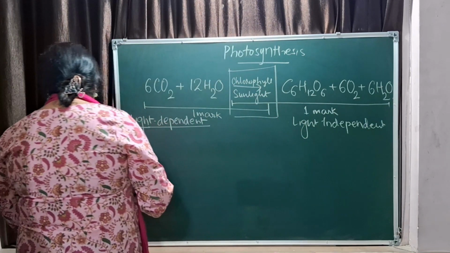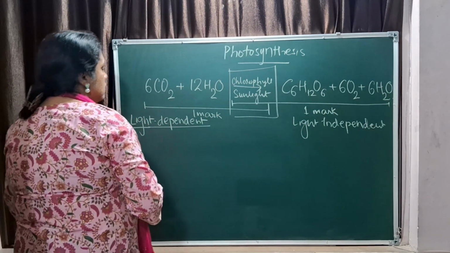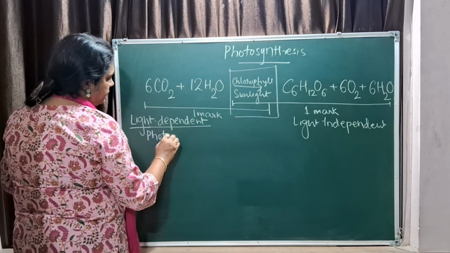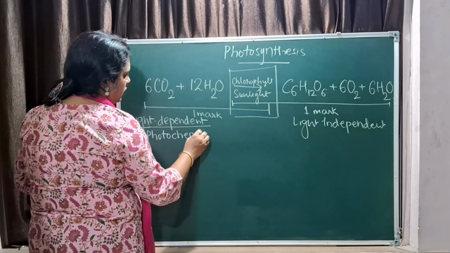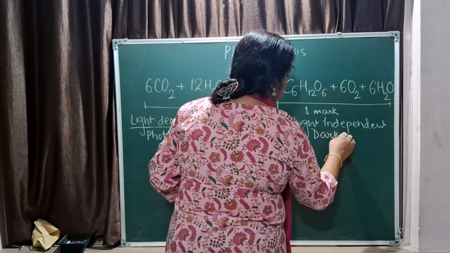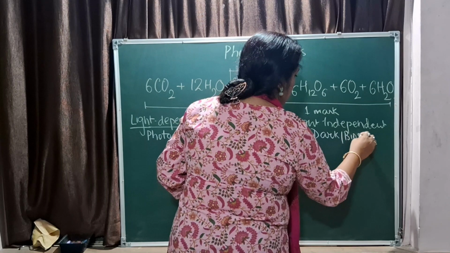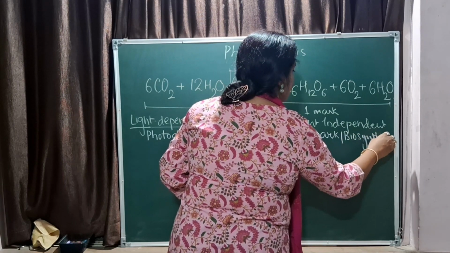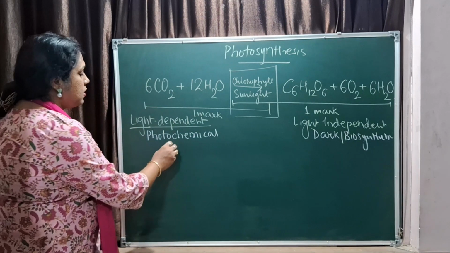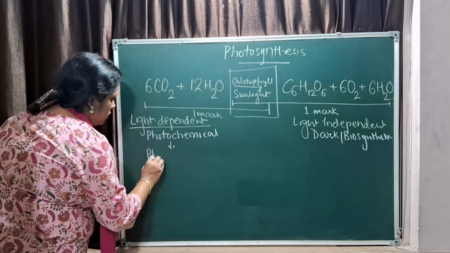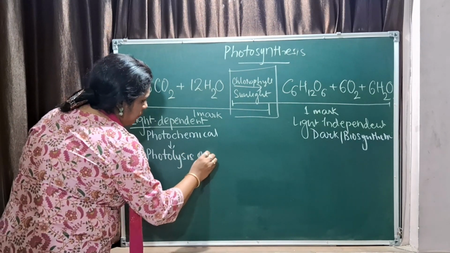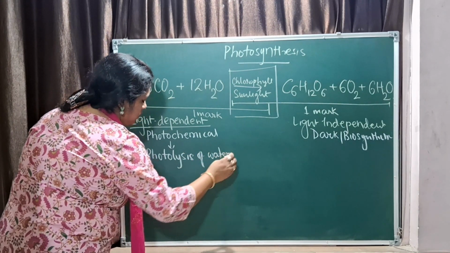Light dependent reaction is called the photochemical reaction, and light independent is called the dark reaction and biosynthetic reaction. Okay, photochemical reaction, why? What happens here? Here it is photolysis of water.